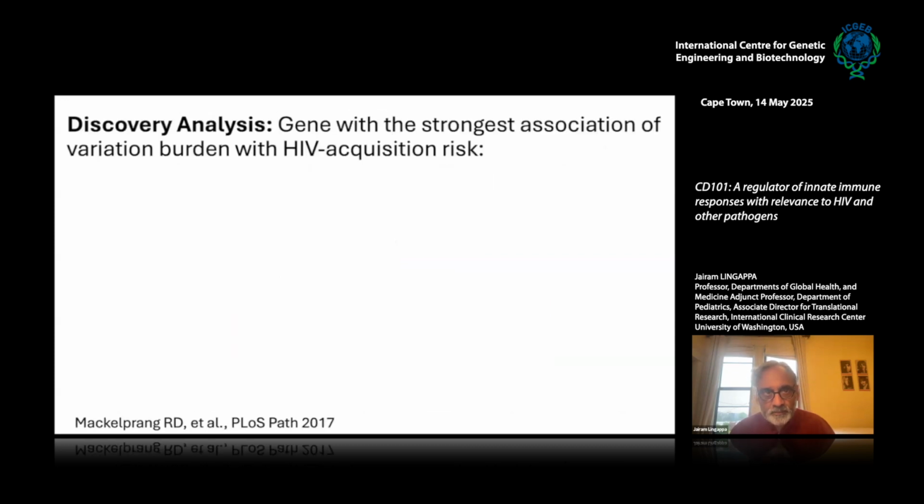So the first part of our study was a discovery analysis looking at the gene with the strongest association for variation burden with HIV acquisition risk.